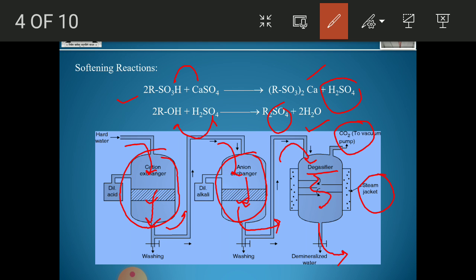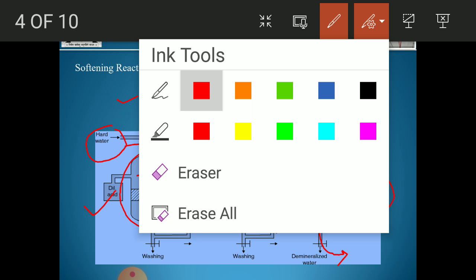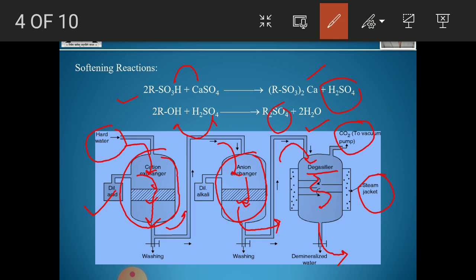So once the softening is stopped, we will stop the supply of hard water, and then we will pass dilute HCl from this inlet, and in the anion exchanger we will pass dilute NaOH from this inlet.